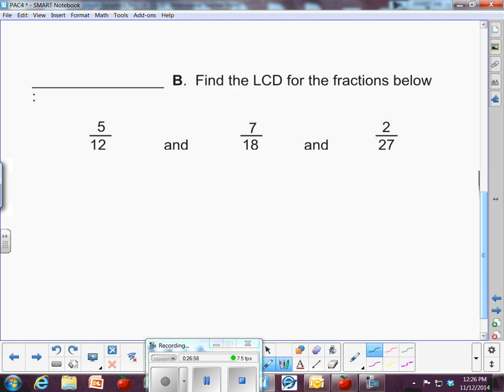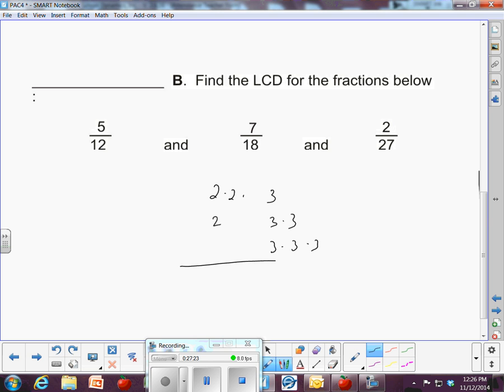All right, the last one we're not going to have time to do. What would you do to find the LCD? You would find the LCM of the denominators. So a 12 is a 2 times 2 times 3. An 18 is a 2 times 3 times 3. And a 27 is a 3 times 3 times 3.